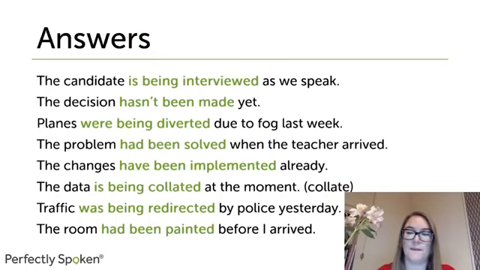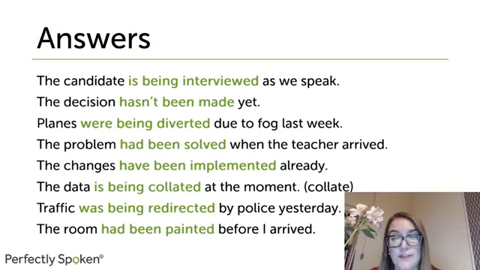Okay, how did you find that? Well, let's have a look at the answers together and then you can compare with your own ideas. Okay, number 1. The candidate is being interviewed as we speak.